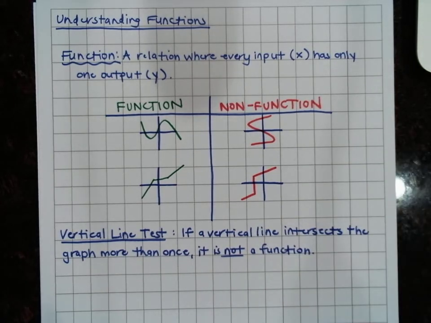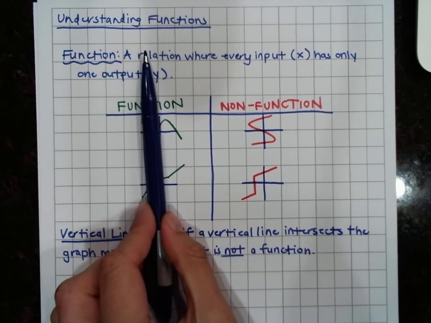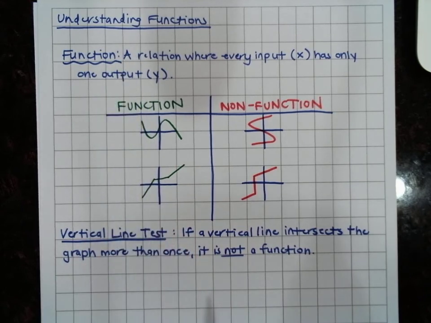So we can use that on these graphs that we drew. Anywhere we draw a vertical line or we move our pen, each of these only crosses one time.